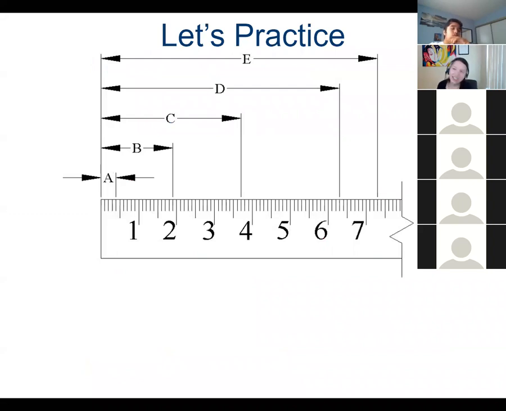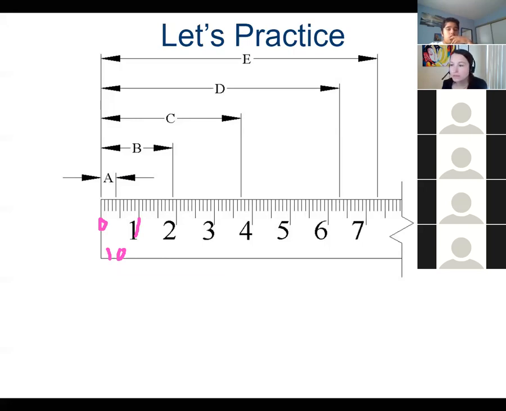Okay, let's practice. We don't have to count the little tiny lines because when we are dealing with the metric system, from 0 to 1, there are 10 little tiny lines. Always, always, always. With the other ruler, every single time you have to count because you never know.